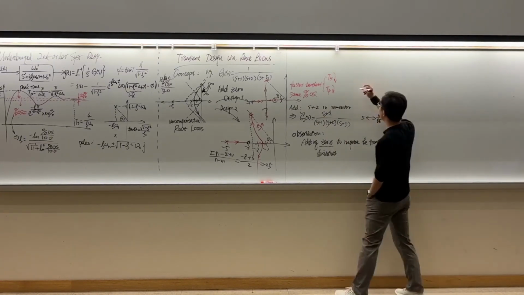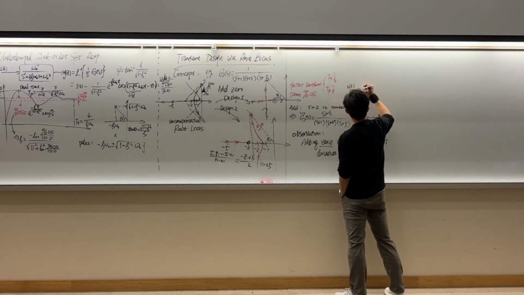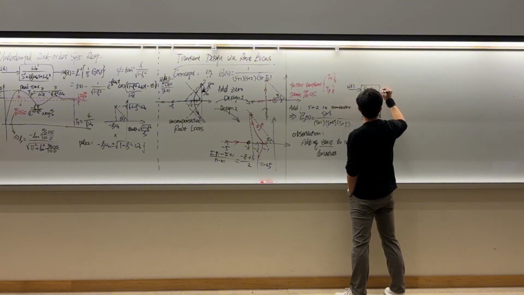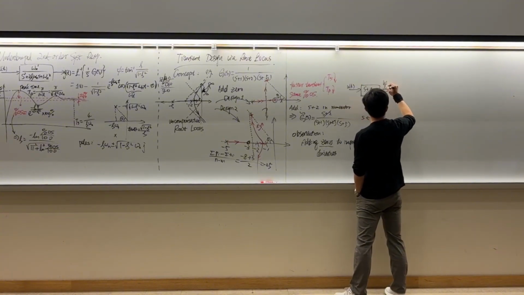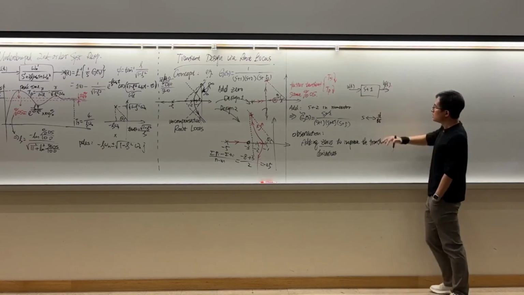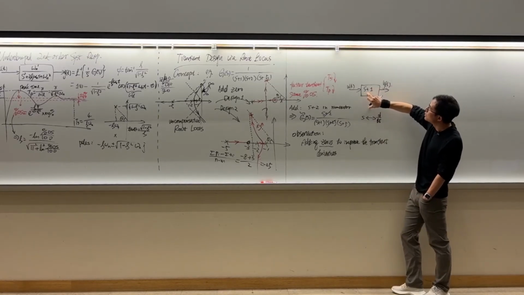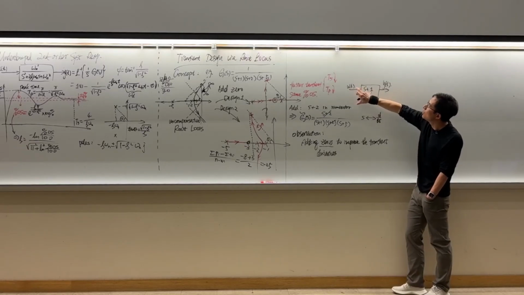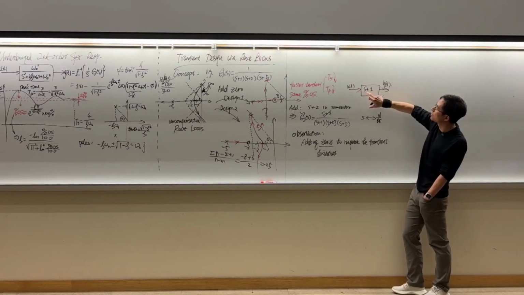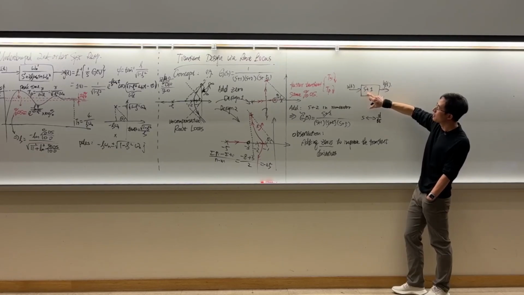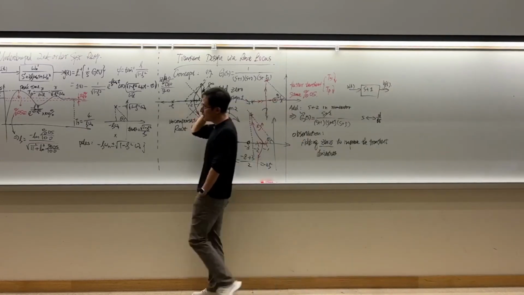So if you have an input like this, here I just want to focus on the zeros. You can see the output will have a derivative, will be adding the derivative portion of the input in it. So think about the concept over here.